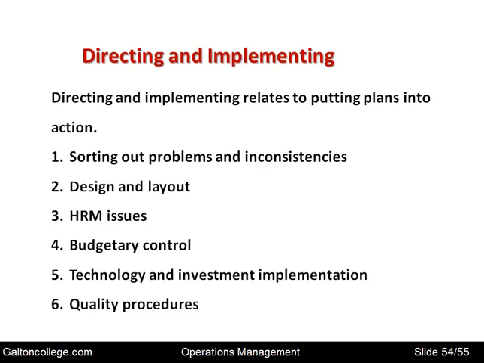And there should also be quality procedures. It's essential that in any implementation of any plan, that quality is central. If the quality of the product is bad, it will be detrimental to the image of the business and to the long-term viability of the business.